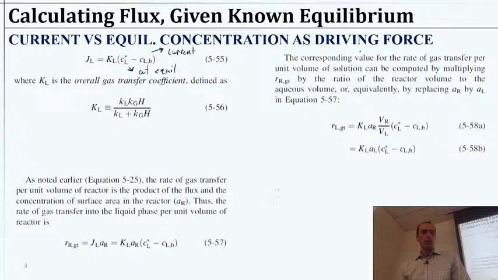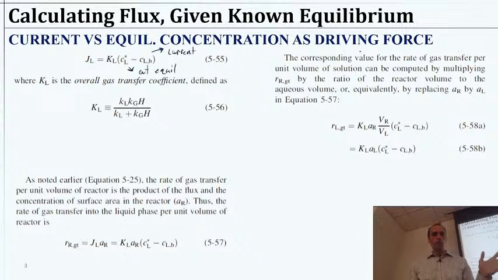So if we elaborate a little bit, we could say the corresponding value here for this gas transfer per unit volume of solution, we can compute that by multiplying this rate by the ratio of reactor volume to the aqueous volume, or substitute that AR for AL.